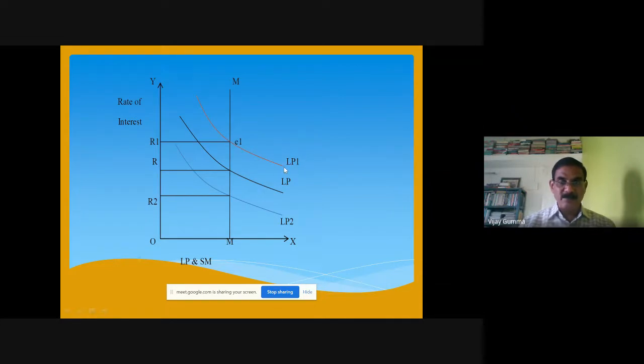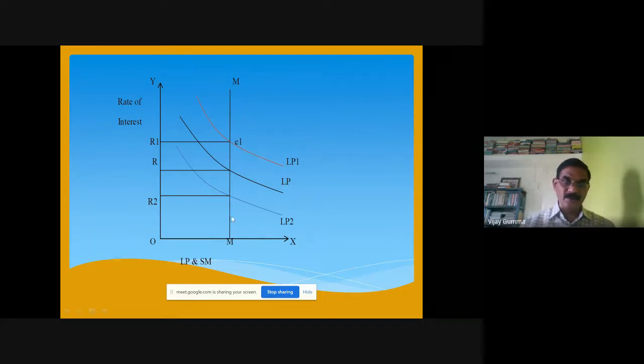This new LP1 demand for money curve intersects the same MM supply of money curve at point E1. At this equilibrium point, due to an increase in demand for money from point E to point E1, or from LP to LP1, the rate of interest increases from OR to OR1.